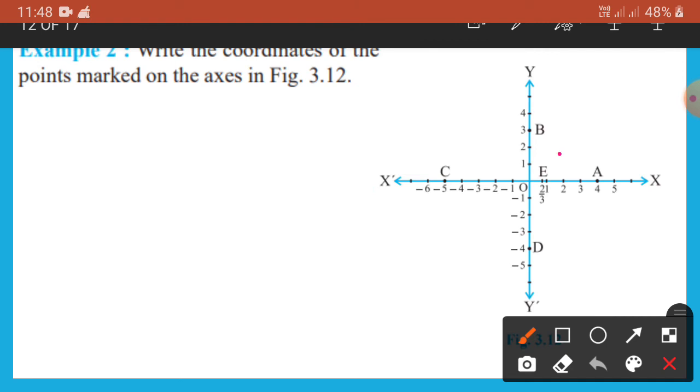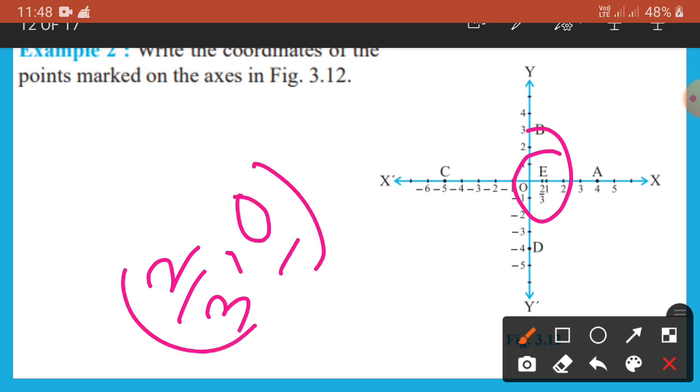And at last the coordinates of E will be 2/3 and then the value of y will be 0, because the distance is 0 from the x-axis. So the coordinates of point E are (2/3, 0).